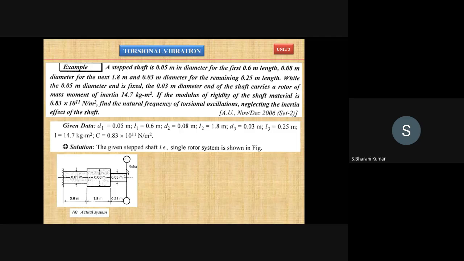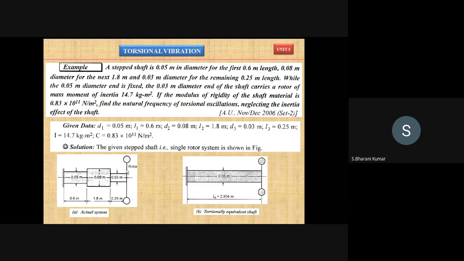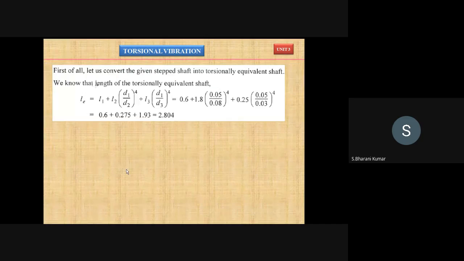Here the mass is not given, so instead of mass they gave the mass moment of inertia directly. You want to convert it into a torsionally equivalent shaft, and you follow that in all the sums. So L equals L1 plus L2 into (d1 by d2) to the power of 4 plus L3 into (d1 by d3) to the power of 4.